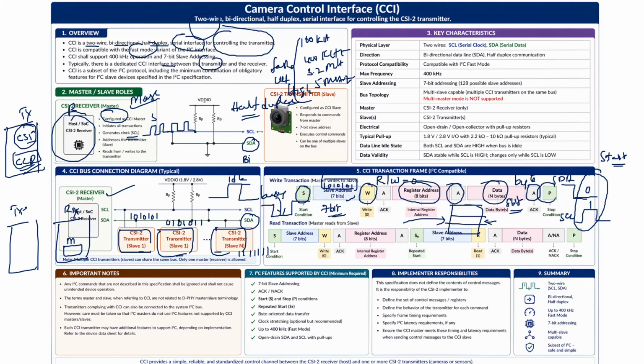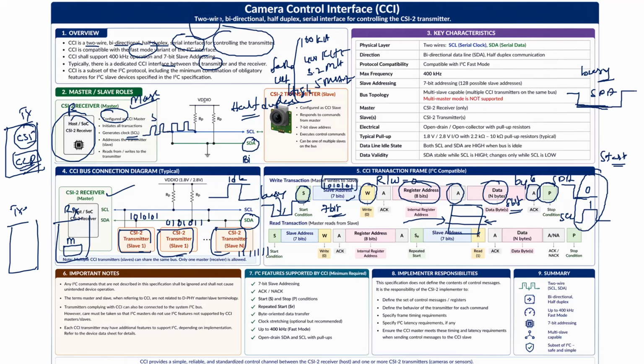And then the master stops the condition after transmitting all the data bytes. How is it stopping? Initially the SDA line is in low condition. That means it is in busy condition, the operating condition.